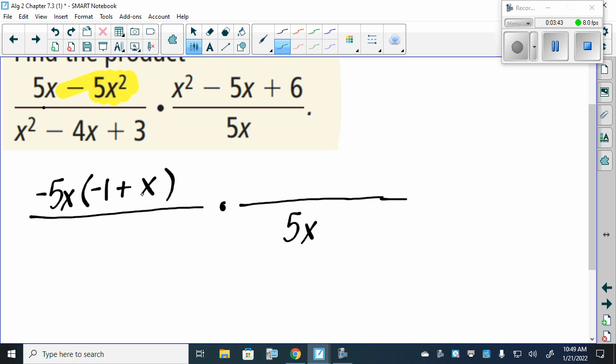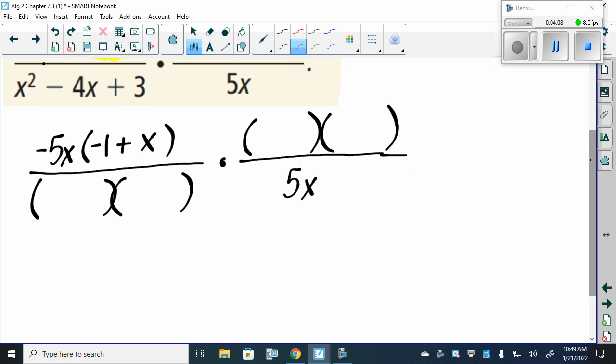Now let's look at the rest of these. So we need to factor the x squared minus 4x plus 3 and the x squared minus 5x plus 6. Which one do we want to do first? Well, let's go on and do the x squared minus 4x plus 3. Since the third term, the 3, is positive, the signs are the same, and they're going to match the sign of the middle term, which is negative.